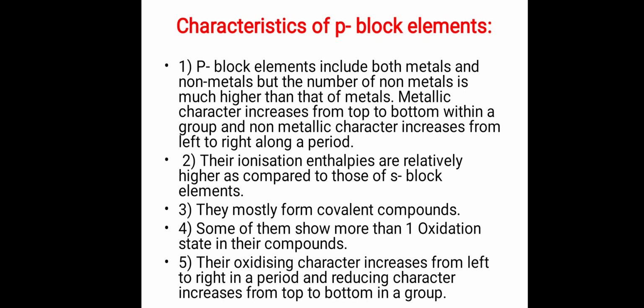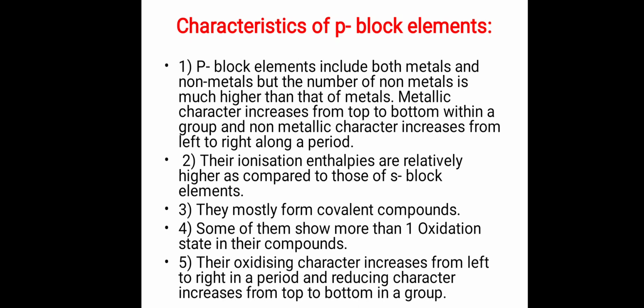If you take the 13th group, boron, aluminum, gallium, indium, thallium, it exhibits 2 types of oxidation states: +1 is possible and +3 is also possible. Like that, the carbon group shows +2 and +4.